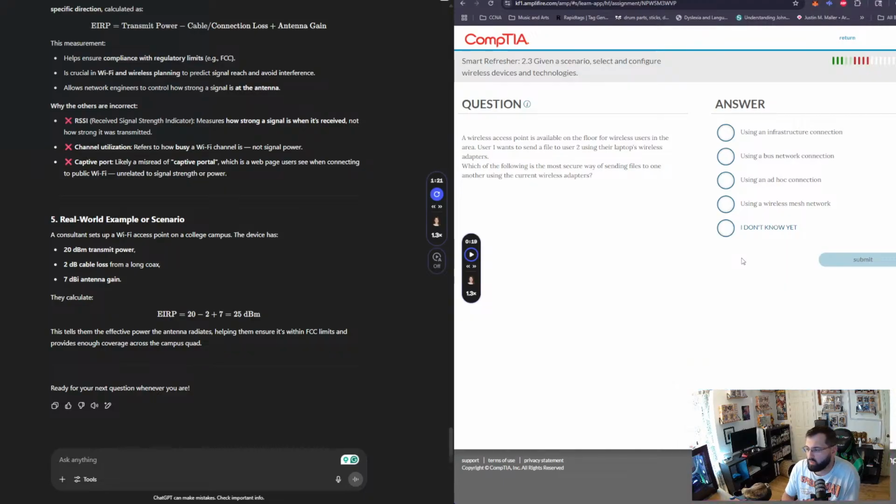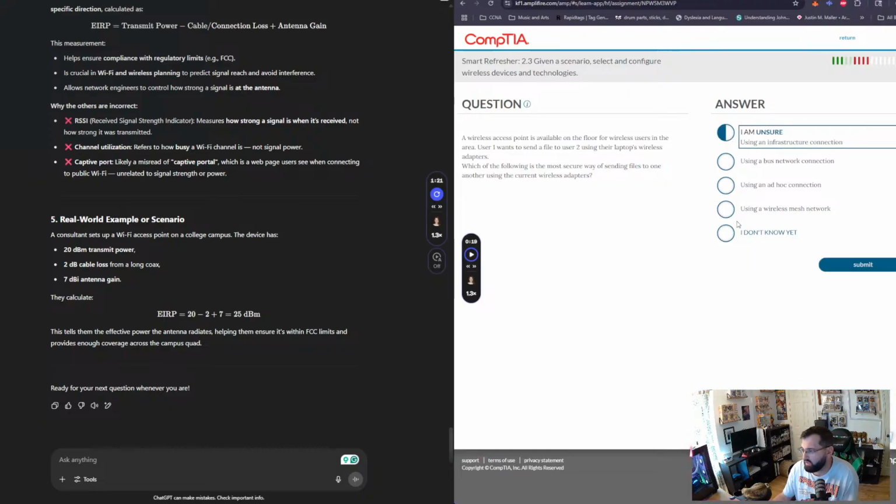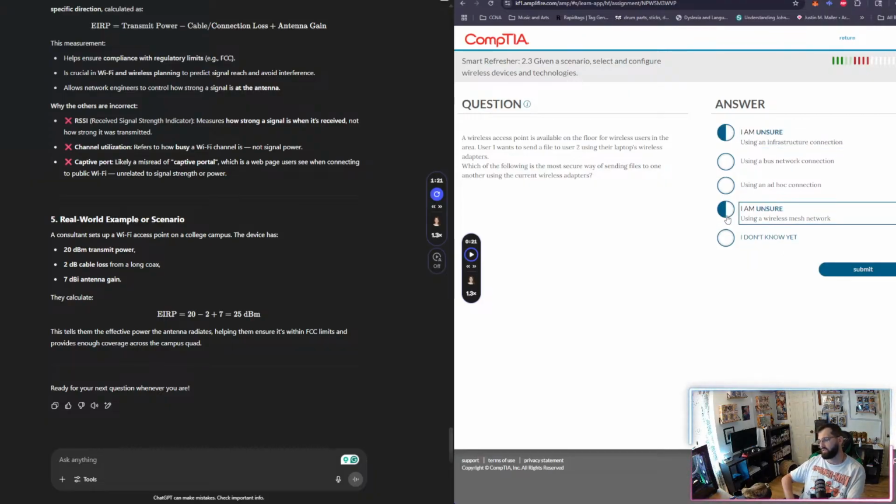I feel like this is worded weird. Obviously, it's not the bus. It's one of these two. I don't know what an ad hoc connection is, but I don't think it has anything to do with what it's talking about.